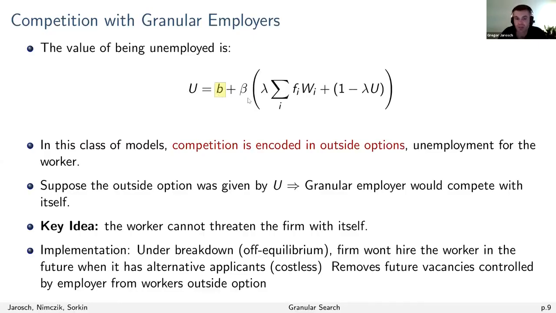You draw some B. Next period, you find a job at rate lambda, and that job is, in a random search setting, at employer I with probability f of I, because employer I accounts for a fraction f of employment in town. And then, as we'll see in a second, your continuation value, the value of being employed at that shop, is going to depend on its name, on I. And if you don't find a job, you'll remain unemployed.